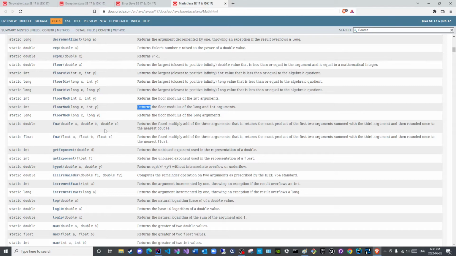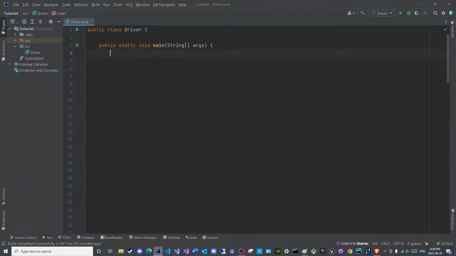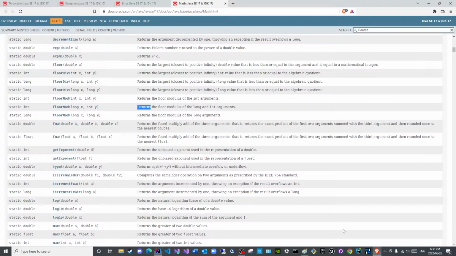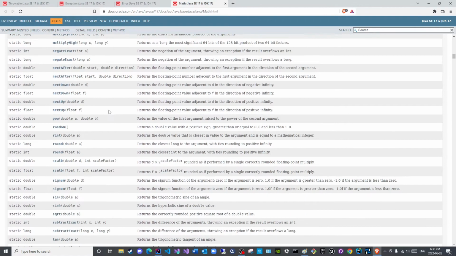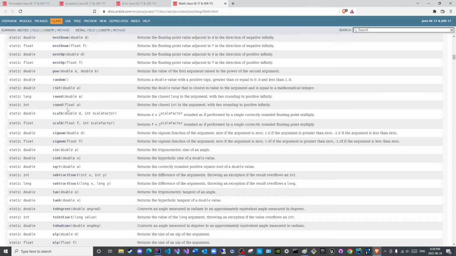Let us cover a few examples and then we will end the lesson for today. Int num1 is equal to 7.6. Wait, I think there was also round. Round is proper rounding or estimation. So anything above 0.5 is rounded upwards.